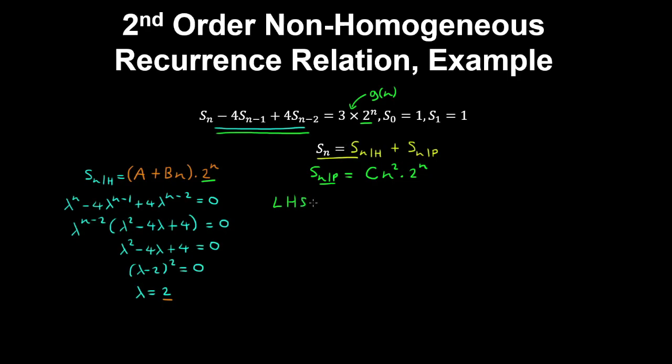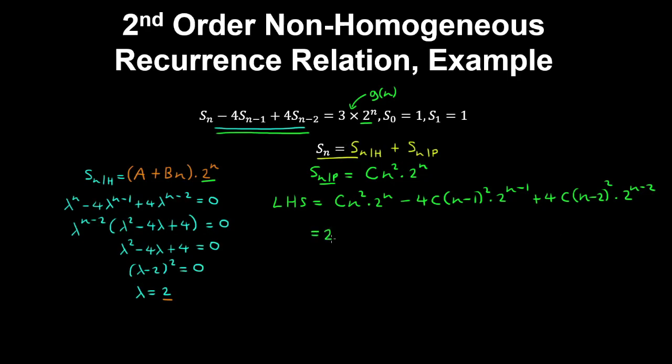we get the left-hand side is Sn, which is Cn squared times 2 to the n, minus 4 times Sn minus 1, which is C times n minus 1 squared, times 2 to the n minus 1, and then plus 4 times Sn minus 2, which is C times n minus 2 squared, times 2 to the n minus 2.